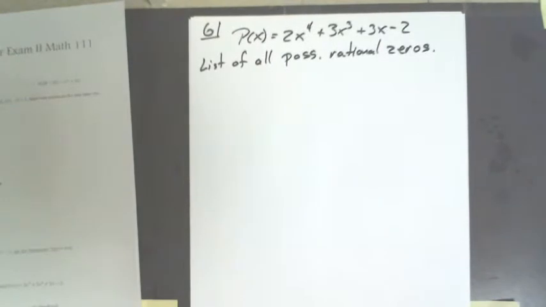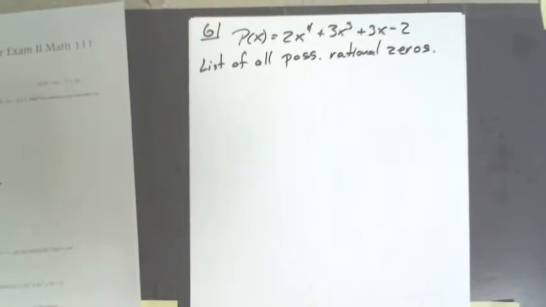Now, this is also one of those questions that a lot of people tend to make more difficult than it has to be. This is not asking you to solve this question. It's not asking you to graph it, factor it, find its zeros, anything. It's asking you to make a list of possible rational zeros.